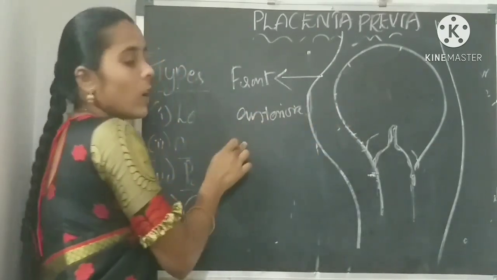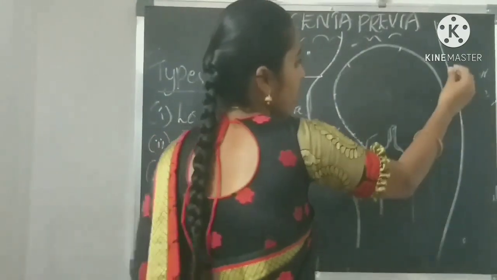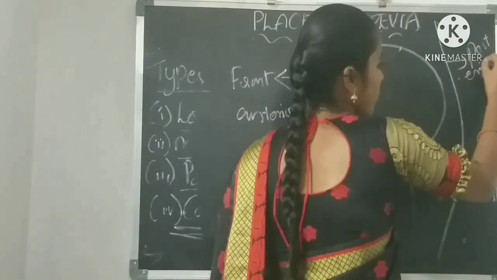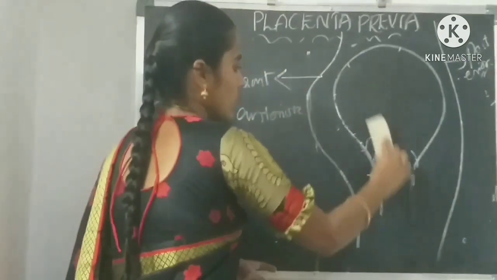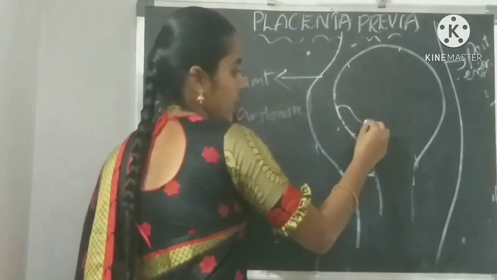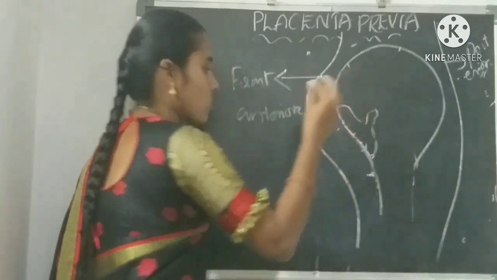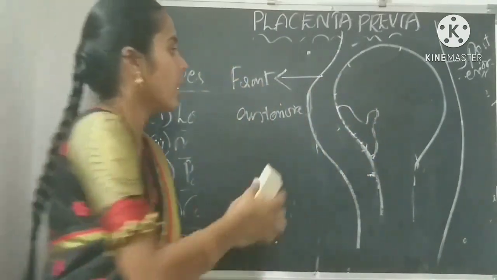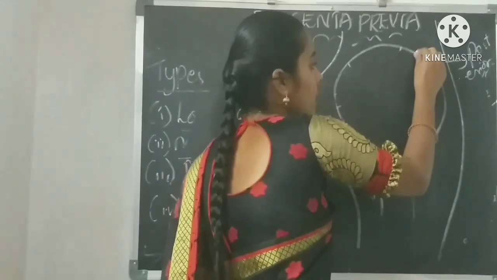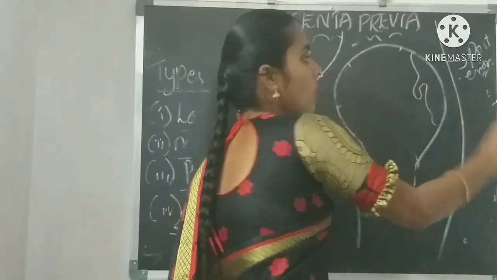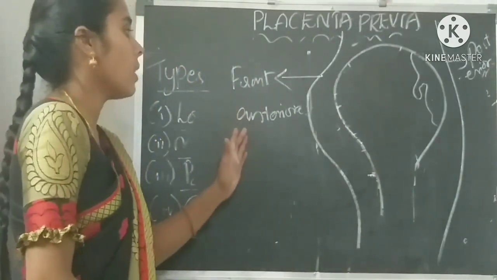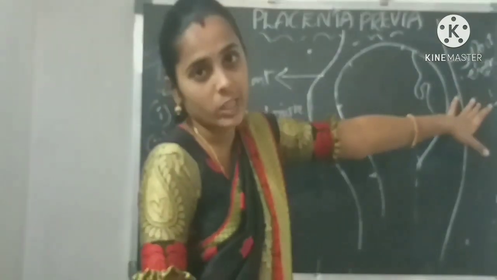The front portion is called anterior and the back side position is called posterior. If the placenta is present on the anterior side, then it is called anterior placenta. Again, if the placenta is present on the posterior side, then it is called posterior placenta. I think you have understood what is anterior placenta and what is posterior placenta.